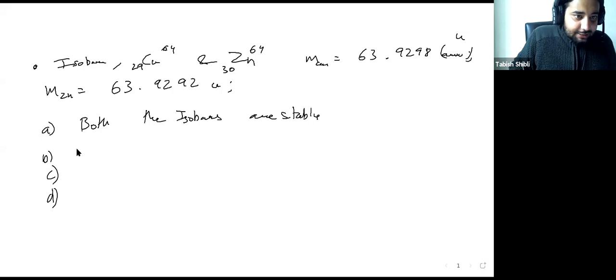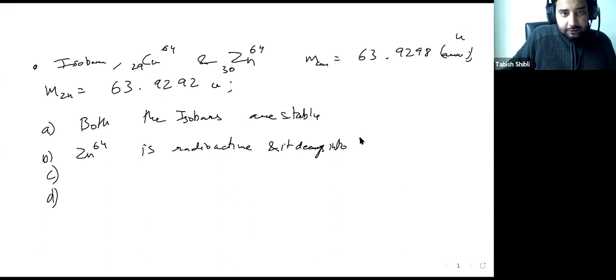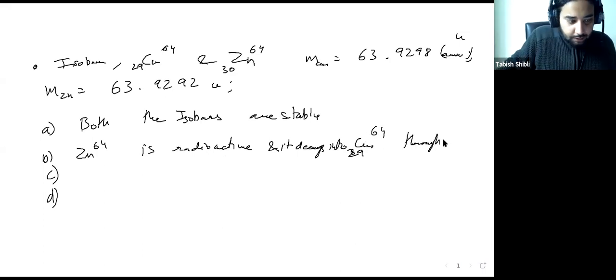Second, zinc 64 is radioactive, and it decays into copper 64 with atomic number 29 through beta decay.